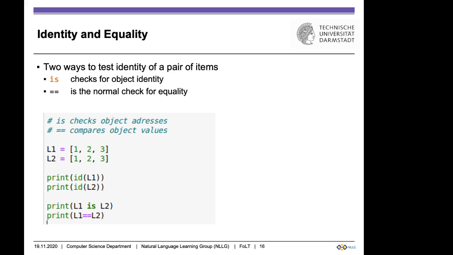If we print the addresses of l1 and l2, we can see the addresses of them are different, so l1 is l2 will return false because the addresses are different. However, l1 equals l2 gets true because although their addresses are different, they have the same values.